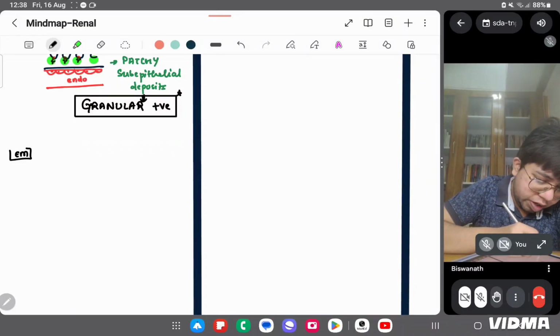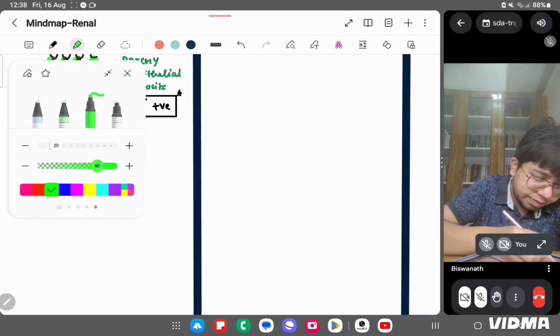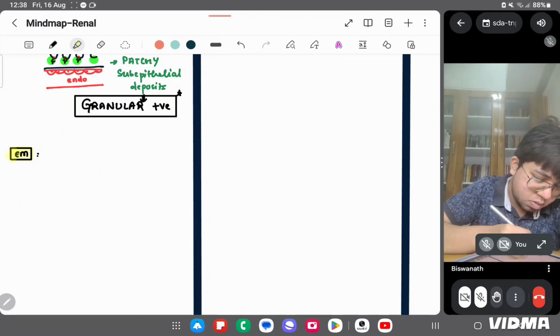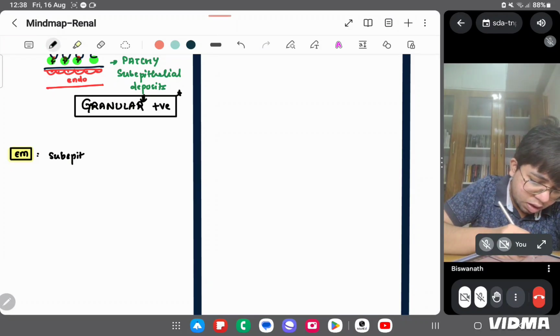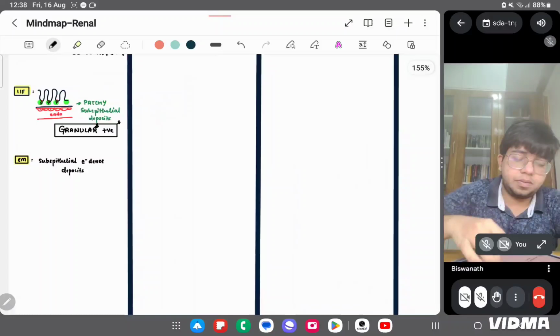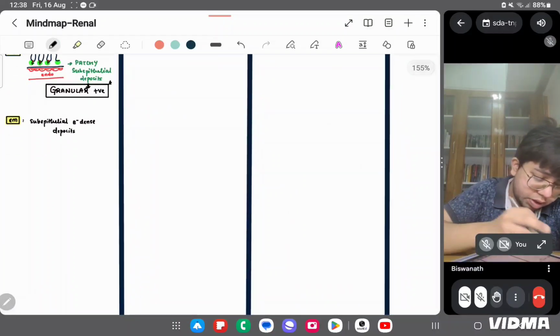Electron microscopy we'll do, and we'll observe electron dense deposits, right?